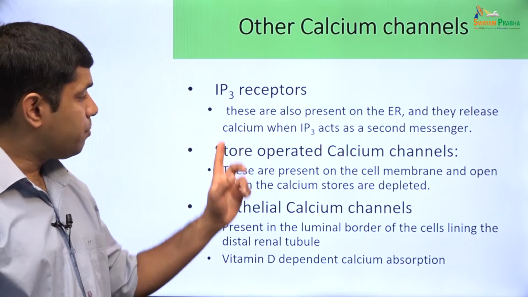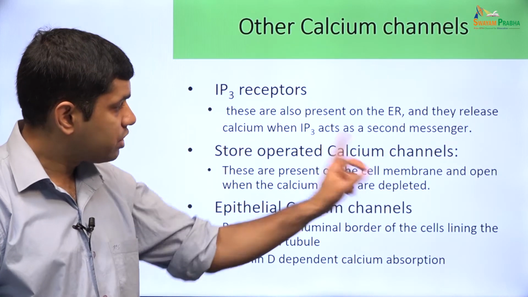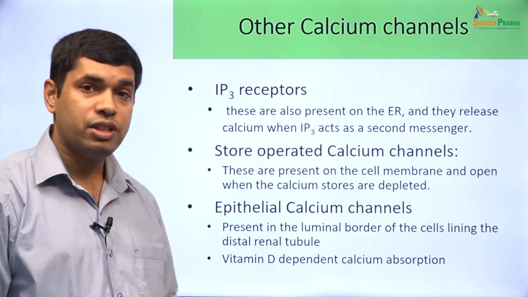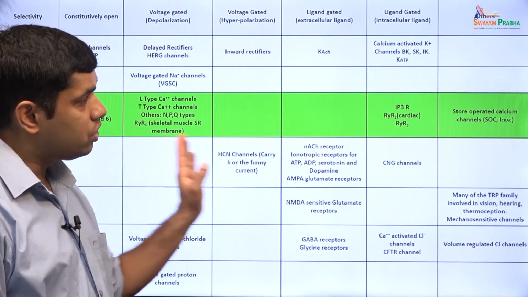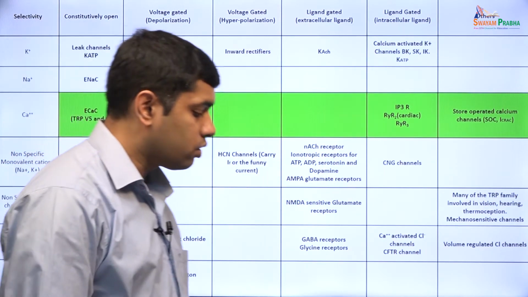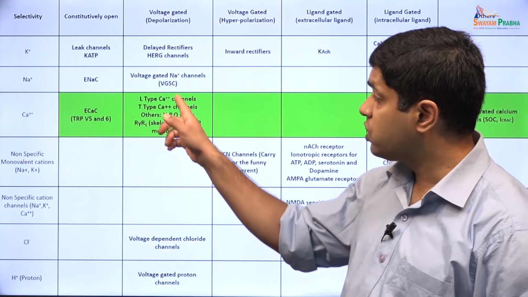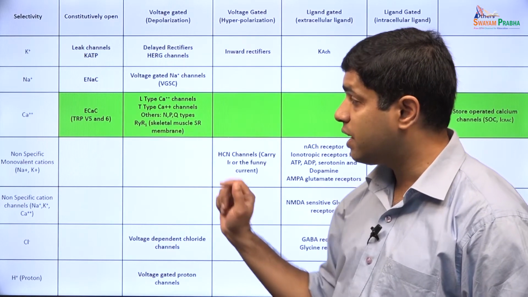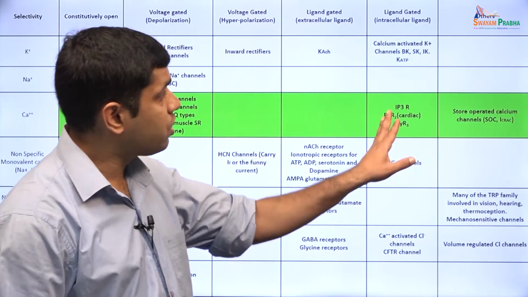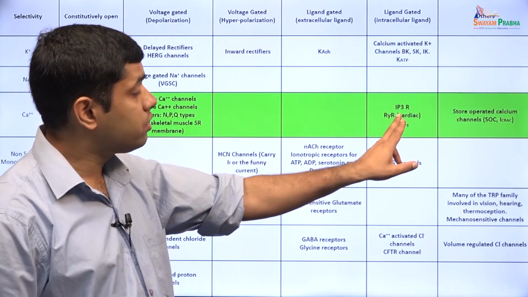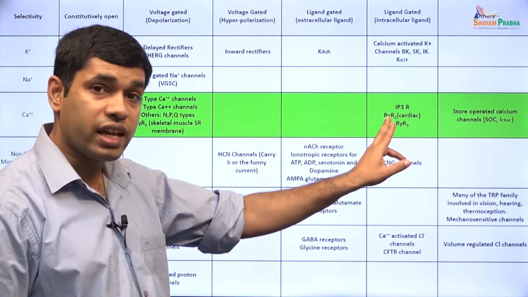So we've talked about the IP3 receptors, we've talked about the store operated calcium channels, we've talked about the epithelial calcium channels. So with this we have covered the different calcium channels. We started off by discussing the voltage gated calcium channels, that was the L and the T type. We then looked at the ryanodine receptor and said there were ligand gated channels, that was for calcium induced calcium release.